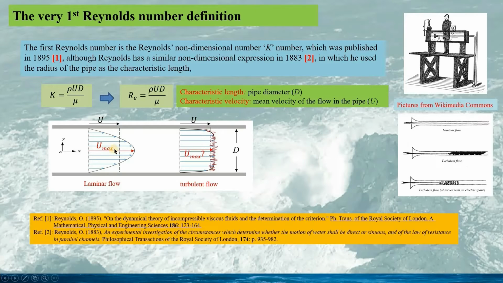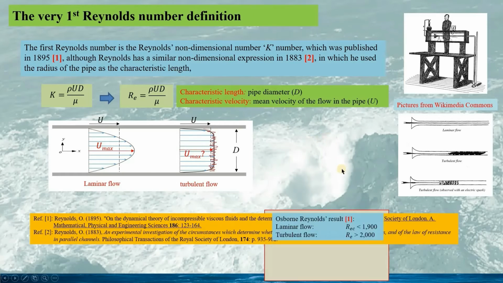So we can see for the laminar flow, the maximum velocity at the center line is a well-defined parameter, see here. But for the turbulent flow, the maximum velocity at the center line would be confusing, see here. So that's why the Reynolds number for the pipe flow is based on the pipe diameter and the mean velocity of the flow in the pipe.